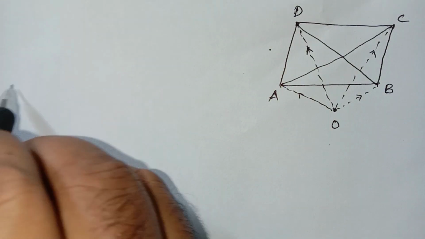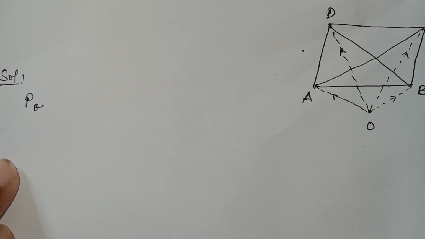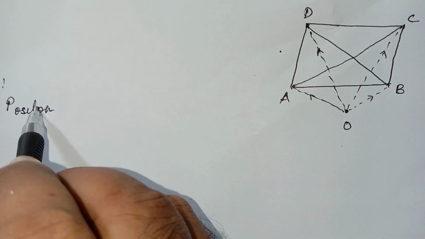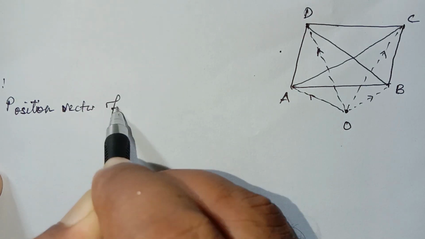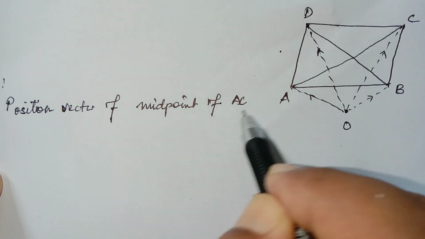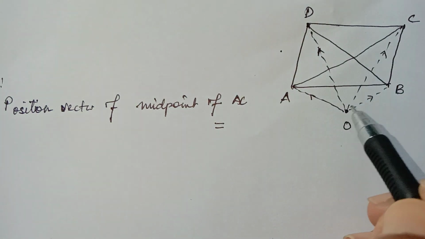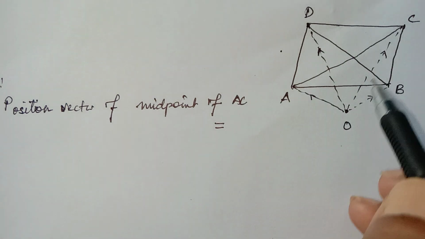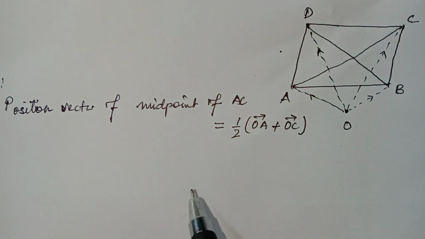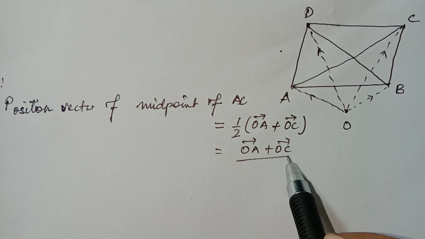The position vector of the midpoint of AC is half of vector OA plus vector OC, which is also equal to (OA + OC) divided by 2.